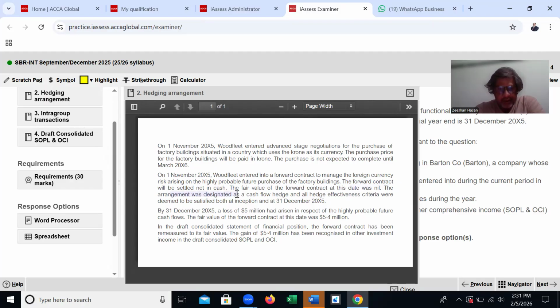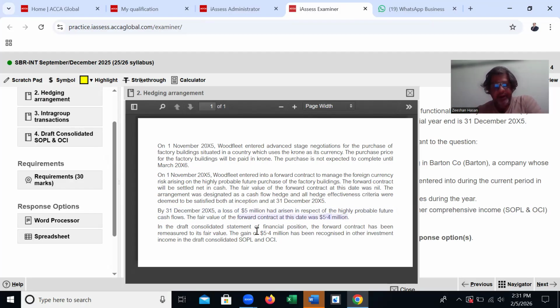The arrangement was designated as a cash flow hedge, and all hedge effectiveness criteria were deemed to be satisfied both at inception and at 31st December X5. By 31st December X5, a loss of 5 million had arisen in respect of the highly probable future cash flows. The fair value of the forward contract at that date was 5.4 million.